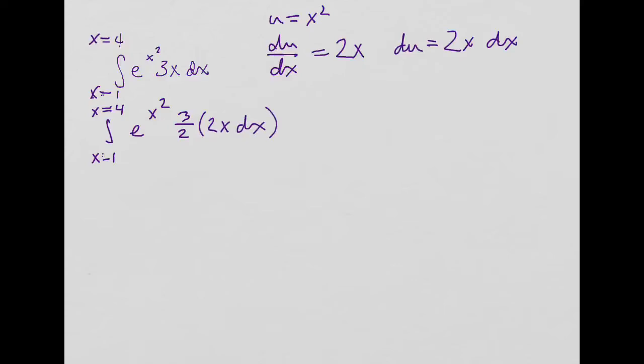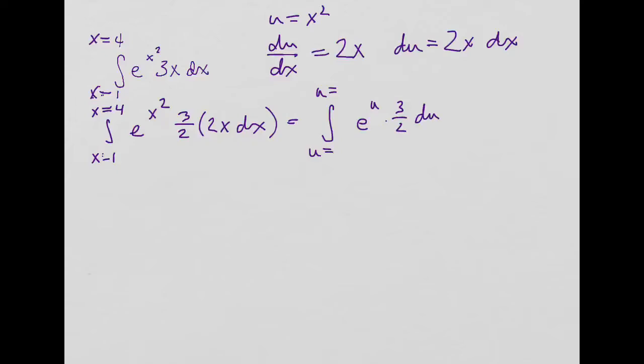Then when we replace everything with u, I'm going to write this integral from u equals to u equals, but I'm going to leave those blank for right now. So we're going to have e to the u times 3/2 du when we do our replacement.